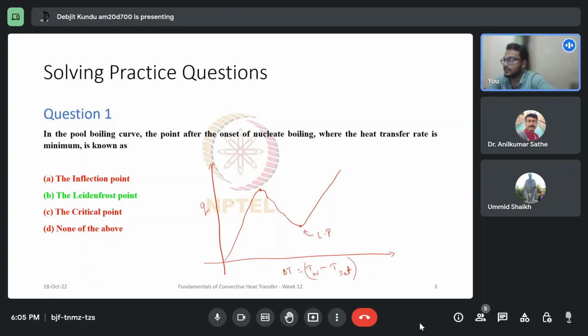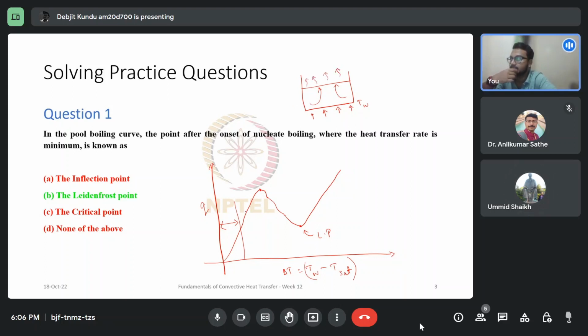In the initial region, there is only natural convection. If I take a pool of liquid and heat it from the bottom, keeping the plate at some temperature T wall, then when the excess temperature is low, only natural convection currents are formed, and evaporation takes place from the surface only.